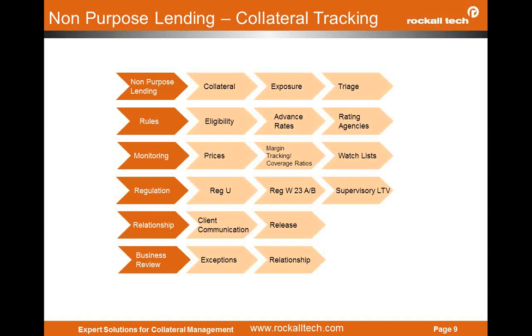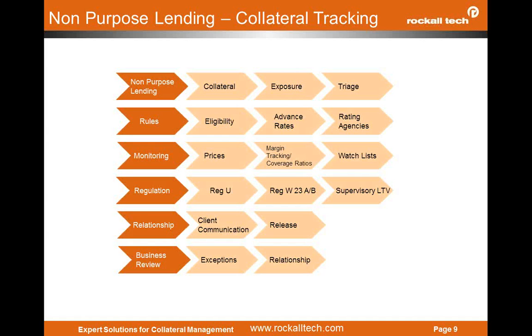The regulatory aspects of this world are Regulation U, whereby you're looking at margin loans, or Regulation W, whereby you're looking at loans made to directors, or where loans involve stock of your organization, and they have to be treated in a different way. The last piece of regulation, and there are lots more regulations involved across the world, but in the US, is to supervise the LTV, which is basically reporting on LTV values.